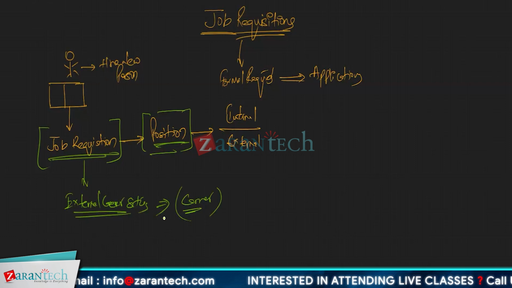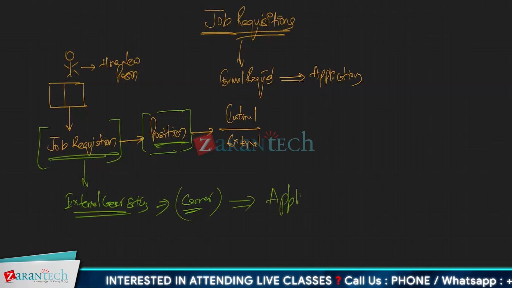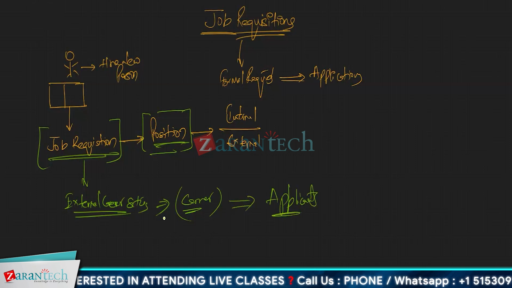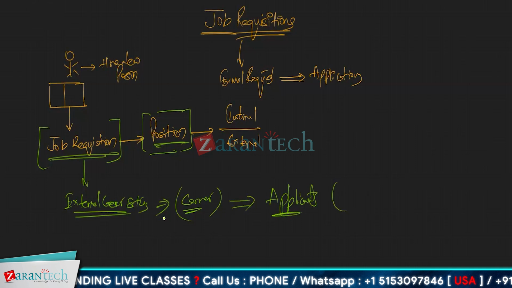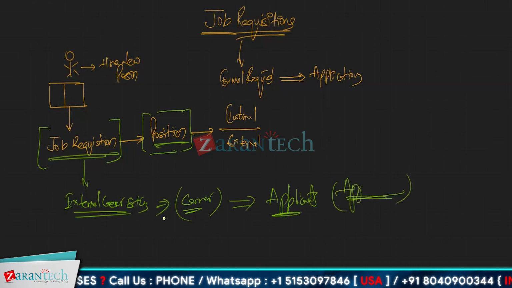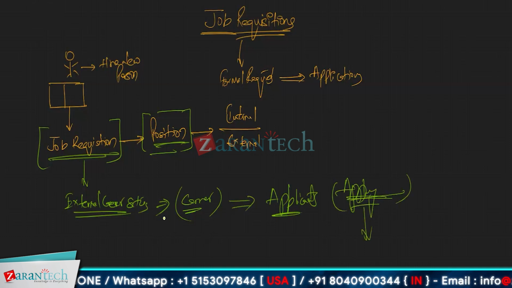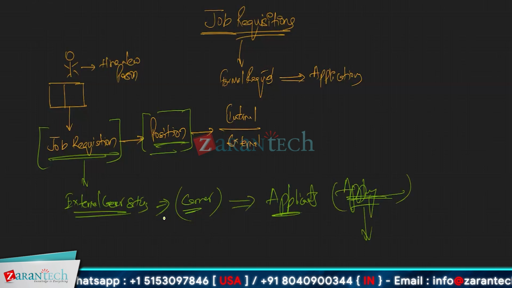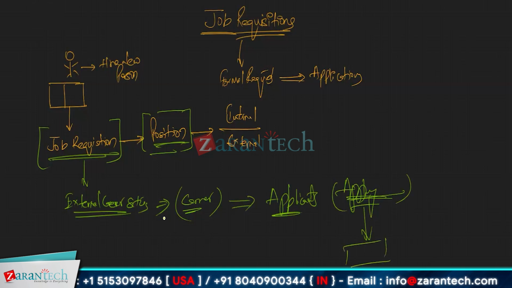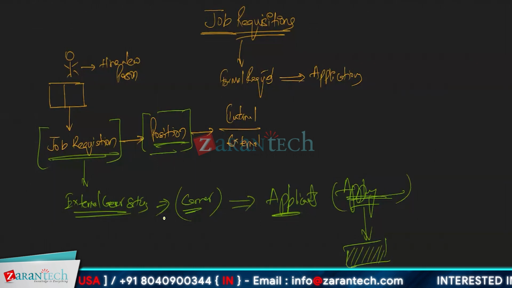So when you create a job requisition, you will post it in the career site, and from this career site the applications will be created. So the applicants like yourself will go and browse the career site. You will see there is a job posting here, and they will click on apply, and they will send their own resume and all the details that they ask. Then that particular application will be sent to Workday, and the recruiters will be able to view those applications in Workday.